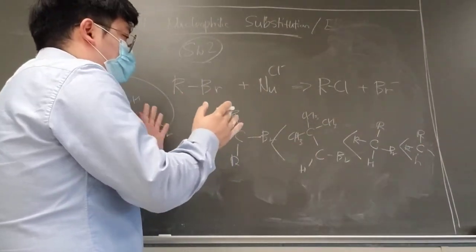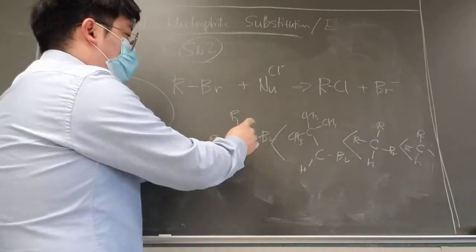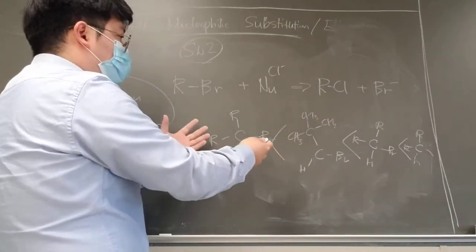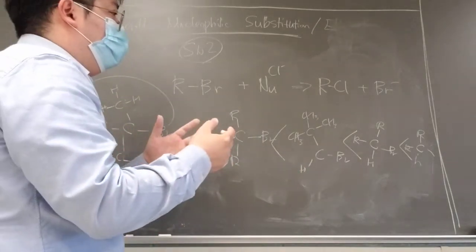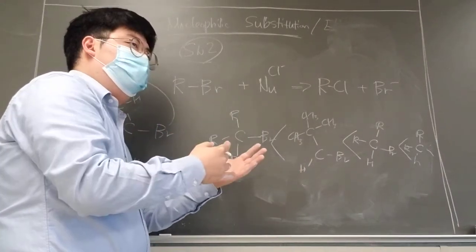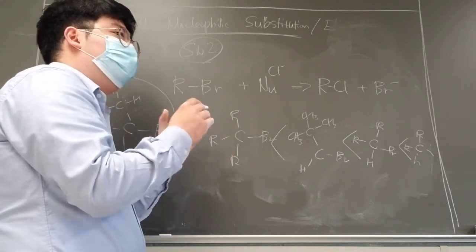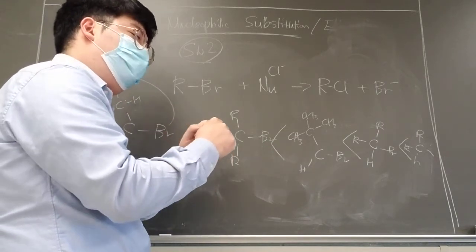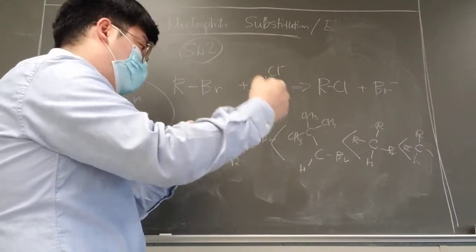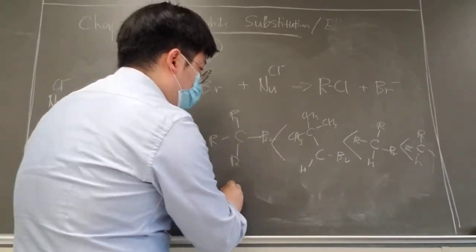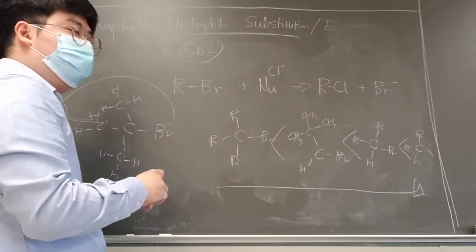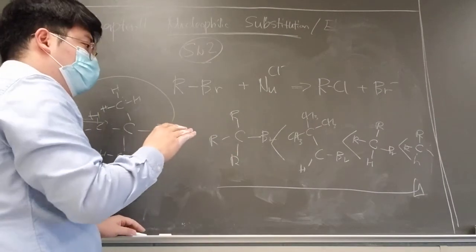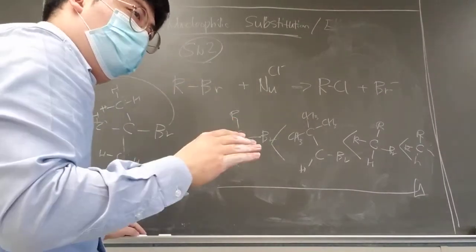the less substituted the carbon is where you have a halogen group in that compound, the more reactive it will be with the nucleophile, because there's a less bulky group around the carbon that makes it easier for the nucleophile to come in to the back side of where you have the halogen group. So reactivity goes higher if you go from left to right. The less substituted the carbon attached to the halogen group, the better.